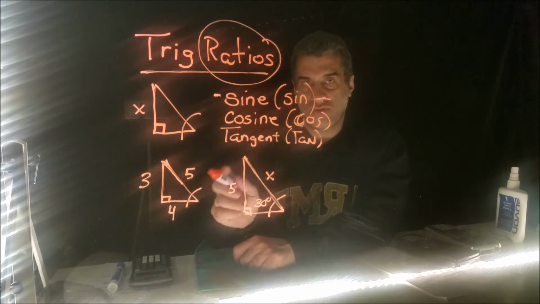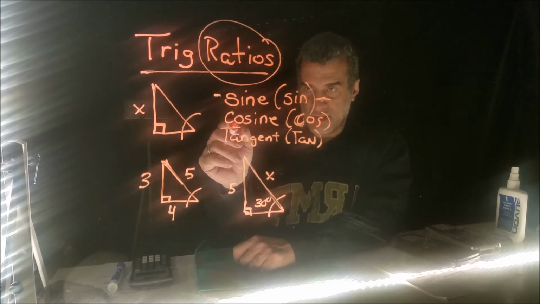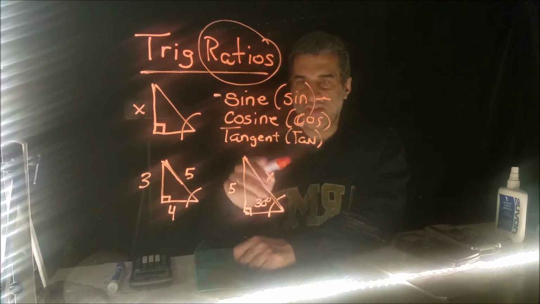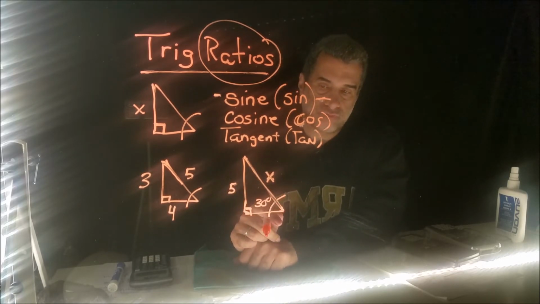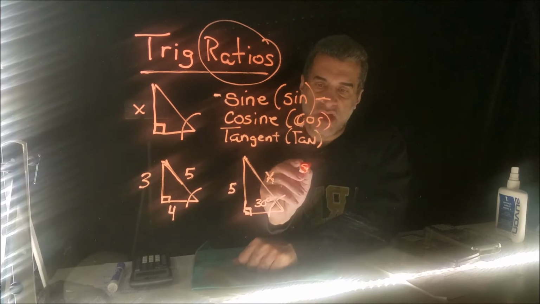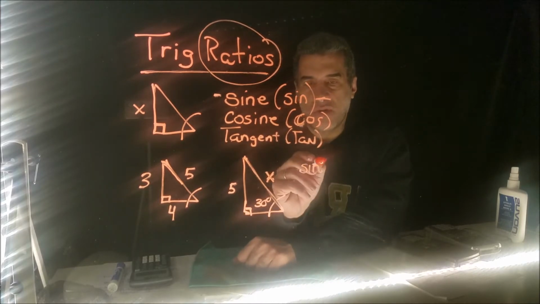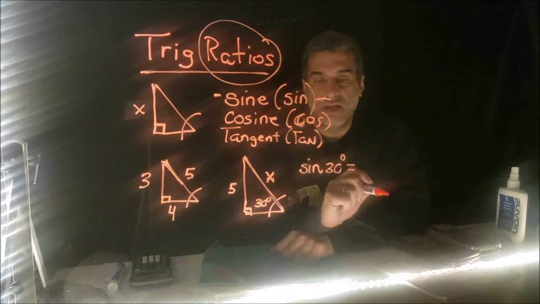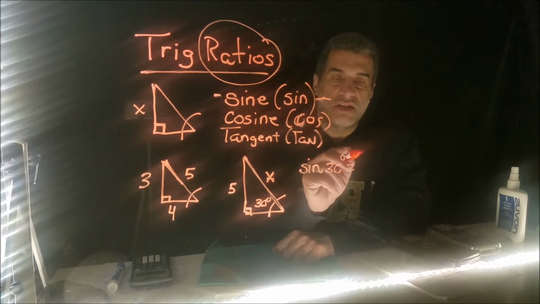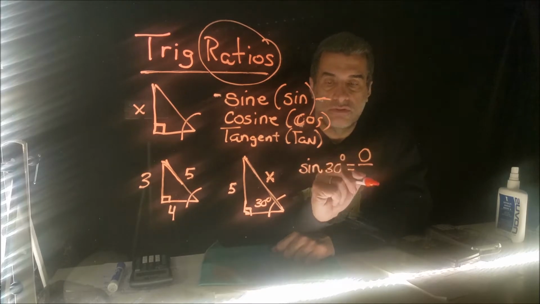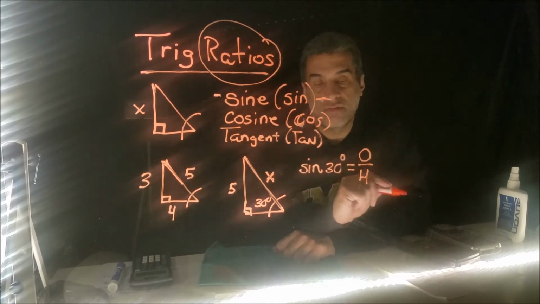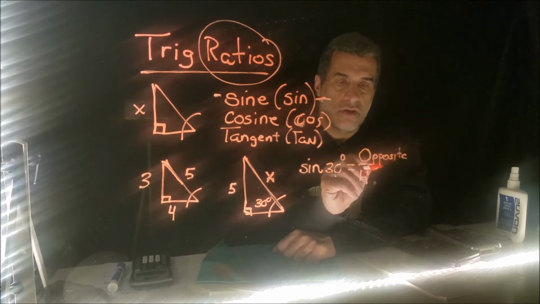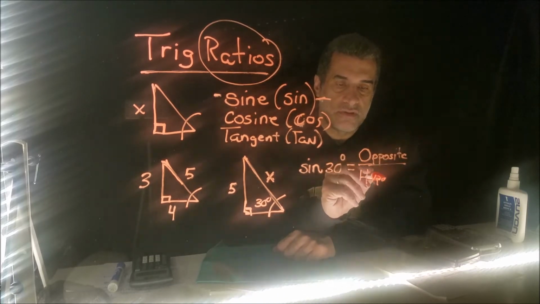So we can use certain ratios, sine, cosine, or tangent, to find what x is, if this is all the information we have. So if I wanted to use sine, we're going to say sine 30 degrees equals, and here's the first ratio. It's going to equal the opposite, which is O, over the hypotenuse.